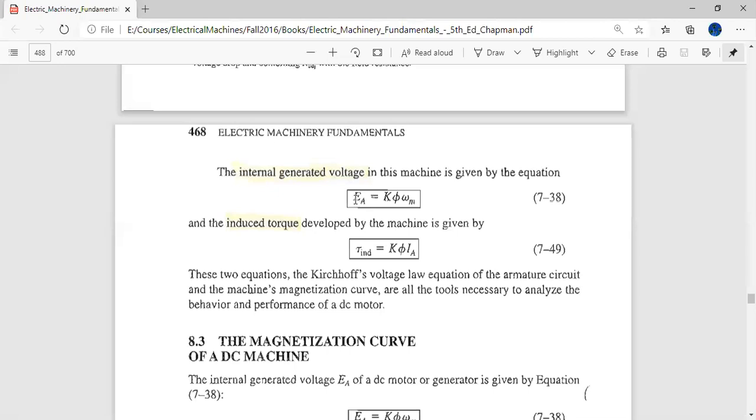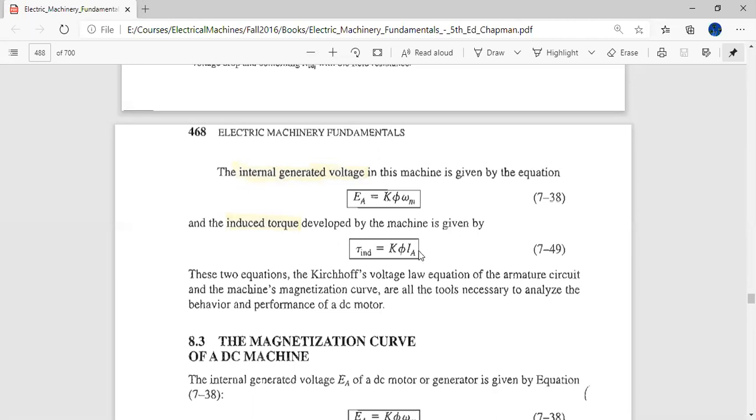And the induced torque equation for the DC machine, in this case we are studying a motor, is also proportional to the flux, but instead of the speed, we have the armature current, because in the torque we basically consider the force experienced by a conductor when it is placed inside a magnetic field.